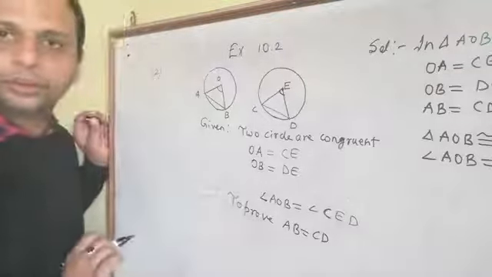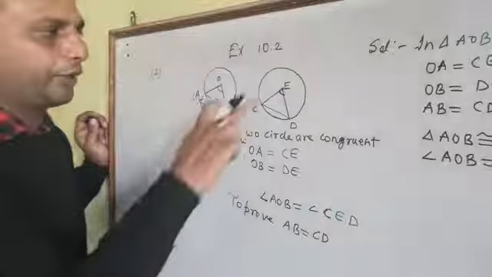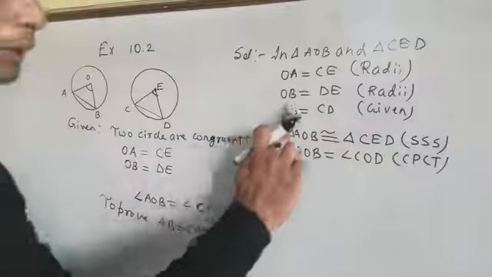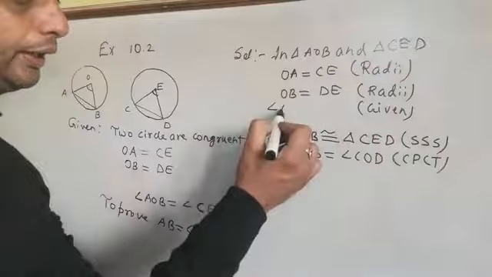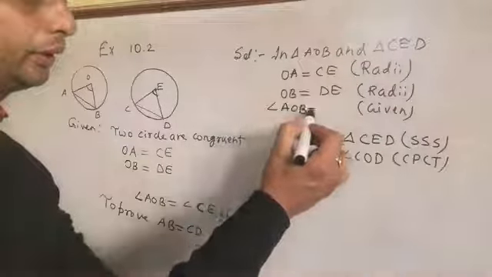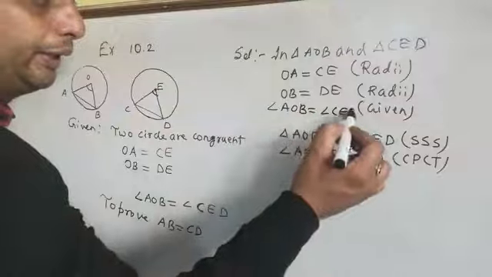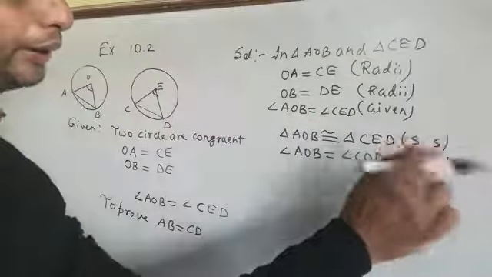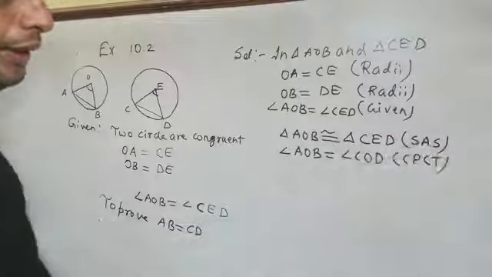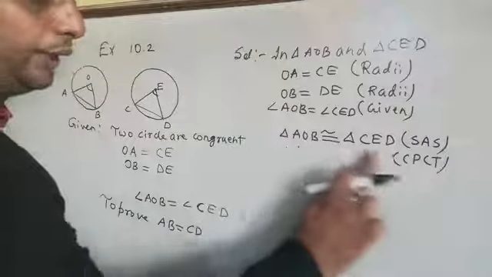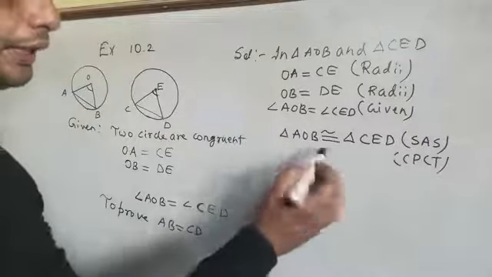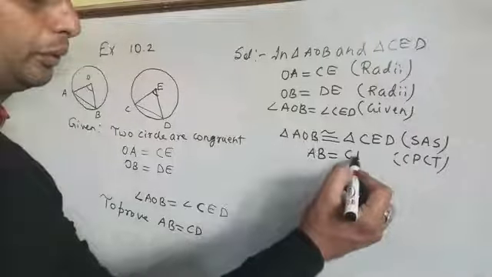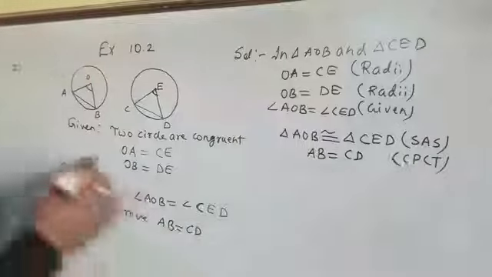This we have to prove in question number two. So we take the same figure AOB and CED, and in place of AB equal to CD, we write angle AOB is equal to angle CED, because these angles are given equal, and so the triangles will be congruent by criteria SAS. If triangles are congruent, definitely their sides will be equal. So we can write AB is equal to CD. Proved.